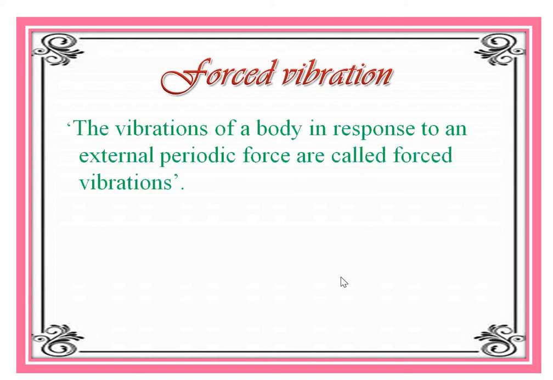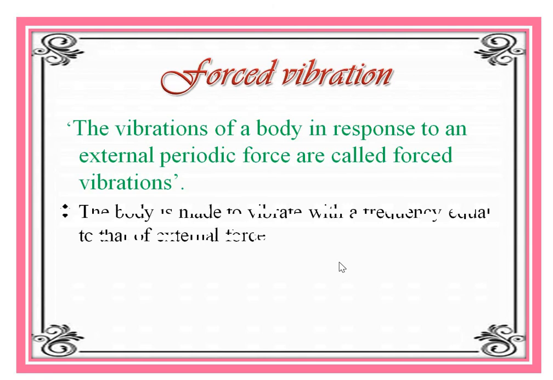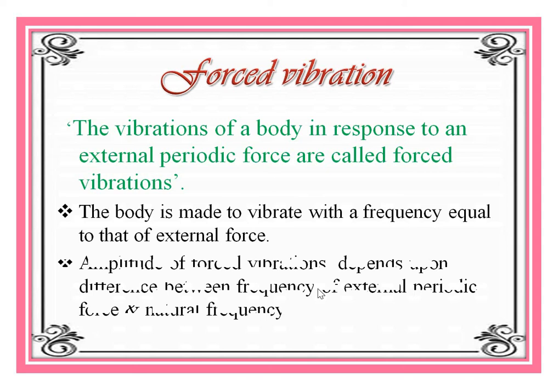In forced vibration, the vibrations of a body in response to an external periodic force are called forced vibration. The external periodic force is very important. The body is made to vibrate with a frequency equal to that of the external applied force.